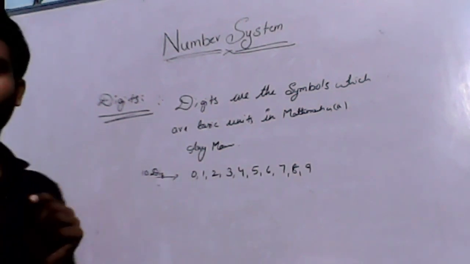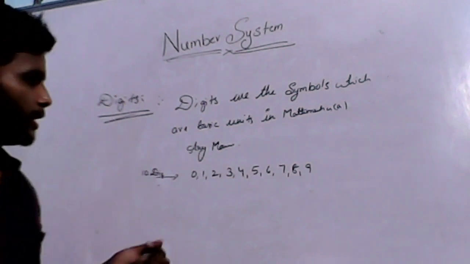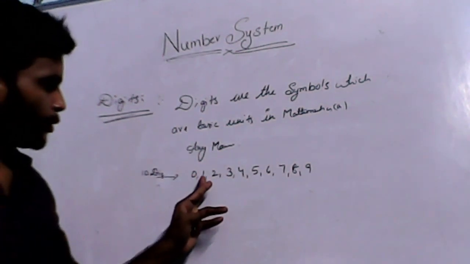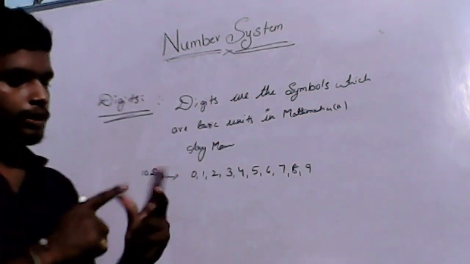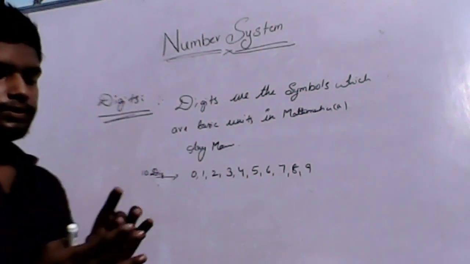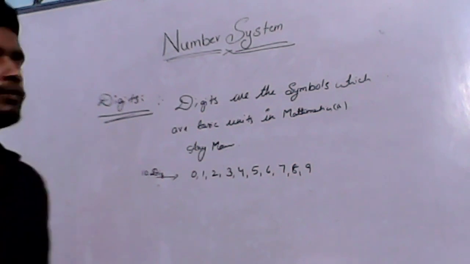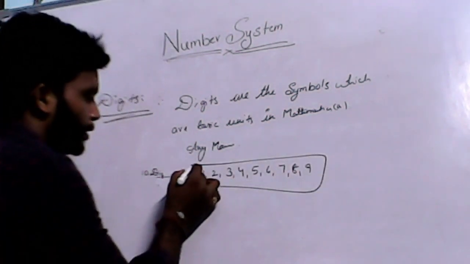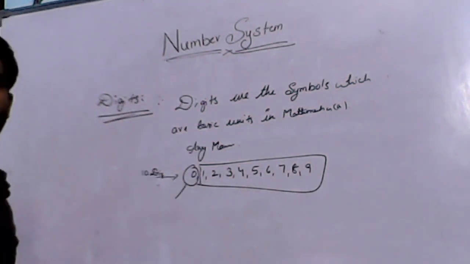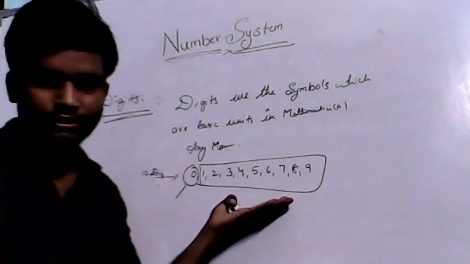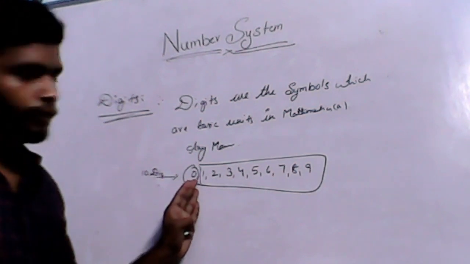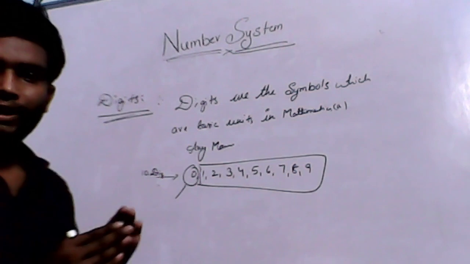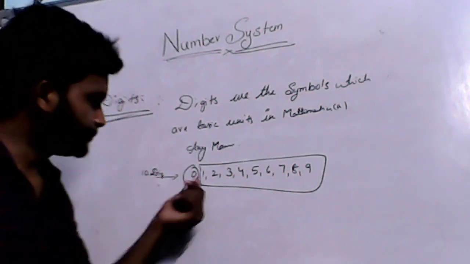While I gave you the question, how many fingers do you have, you started from 1, 2, 3, 4, 5, 6, 7, 8, 9, 10. Right? So why did you start from 1? Why did you leave 0? Because to express any measurement, everyone will start from 1, because the basic measurement starts from 1.